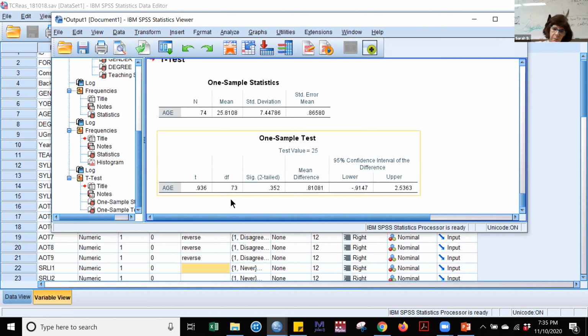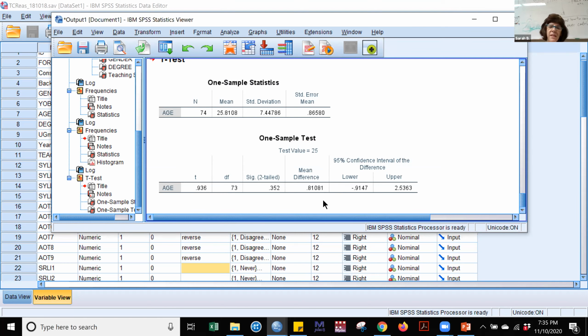Your degrees of freedom for the test are n minus 1, 73. So these exactly match what you would get in a hand calculation of these data. It's just you've got 74 people, so you don't want to do the hand calculation.